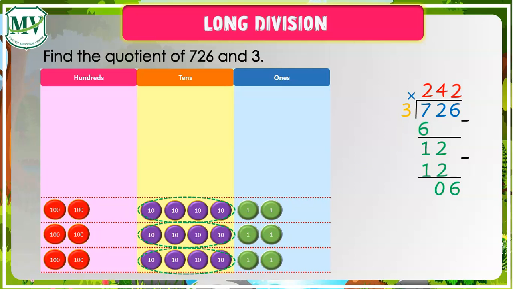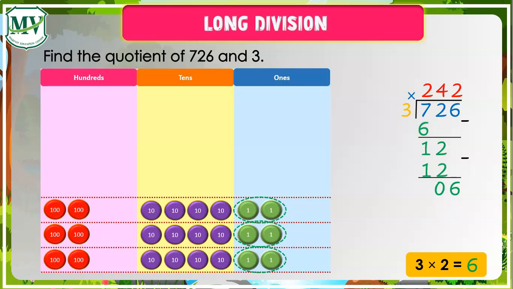Let's look at the place value chart again. We have 3 groups of 2 ones, or in multiplication sentence, we can write this as 3 times 2, which is equal to 6.